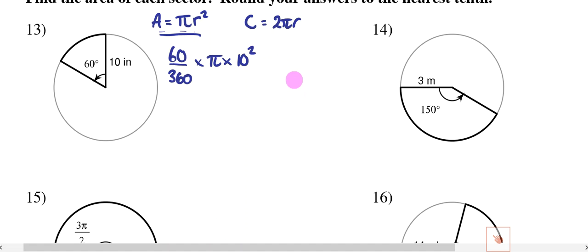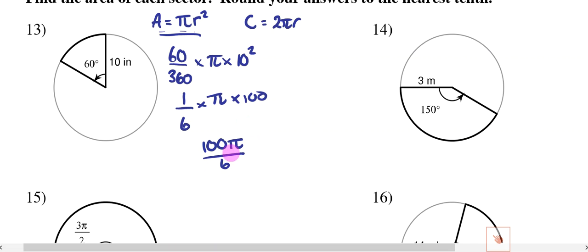My students will tell me that 10 squared is 20 until they stop and think. So I can put the times 100 in. I've got the pi. What is 60 over 360 simplified? 1/6. So I've got 1/6 of that. I've already done that simplifying, so now it's just 100 pi over 6.